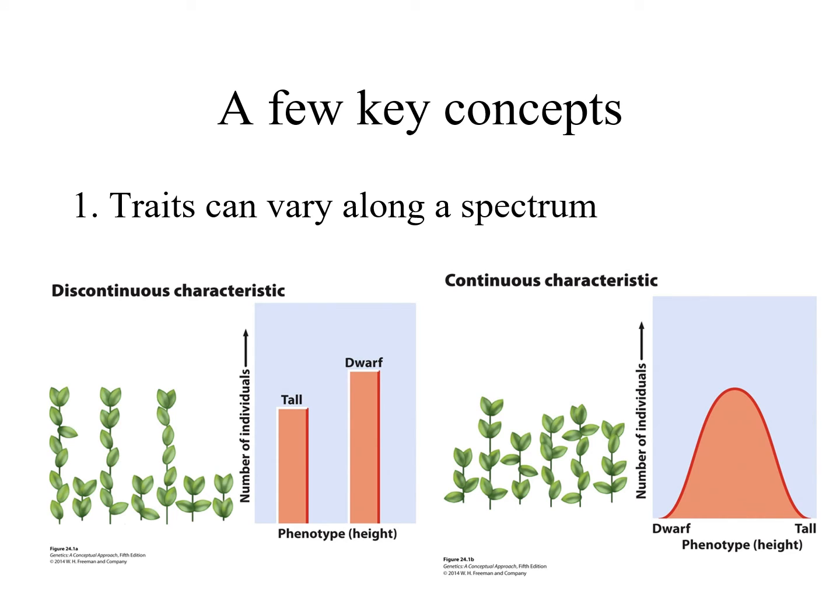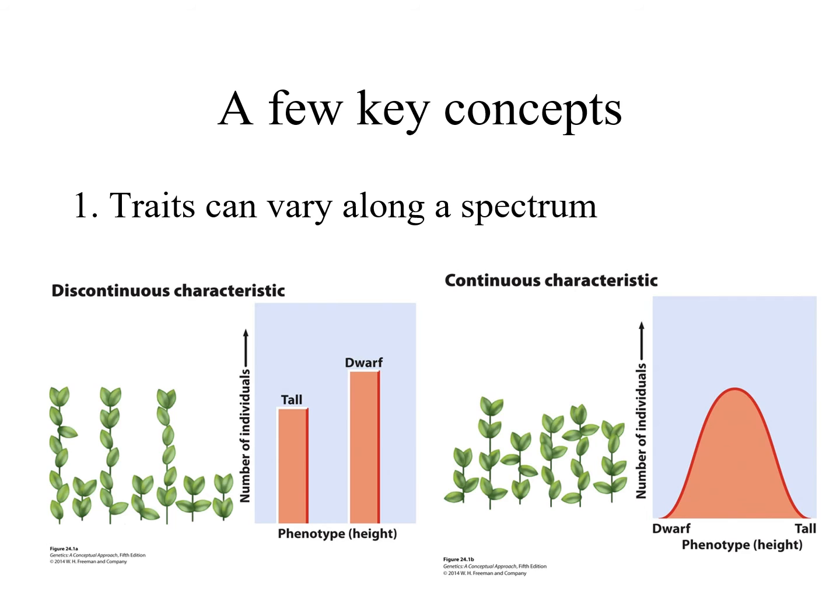When we talk about natural selection and how it works, we tend to use traits that experience what we call continuous variation. Traits that vary along a spectrum. What you might have spent most of your time on in Biology 1 are examples of traits that have discontinuous variation, like my snails, pigmented or not, or pea plants that are tall or short.